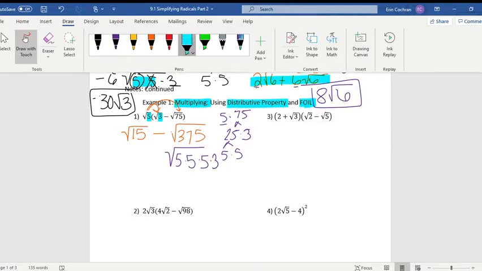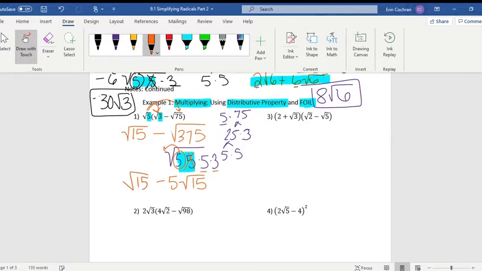So now we have a pair of 5s. So we're going to circle a 5, cross a 5. The 5 and 3 do not have any pair, so it's going to stay on the inside. 5 comes out, so we have 5 radical 15. And then we have radical 15 in the beginning.